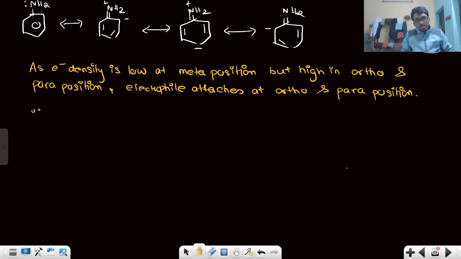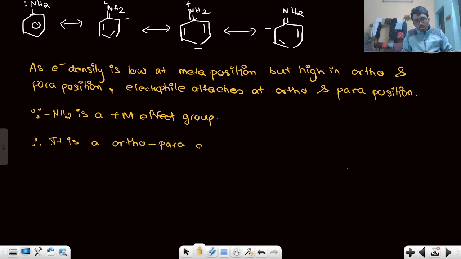Now, since NH2 is a plus M effect group, that means it shows plus M effect, therefore it is an ortho para directed activating group.